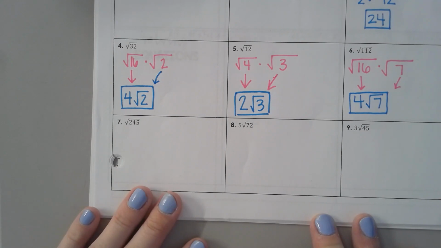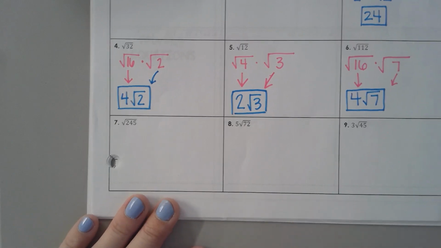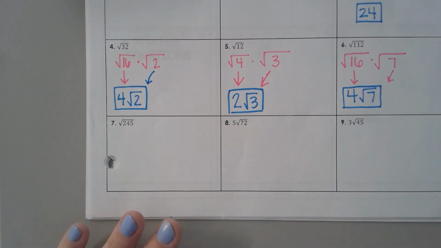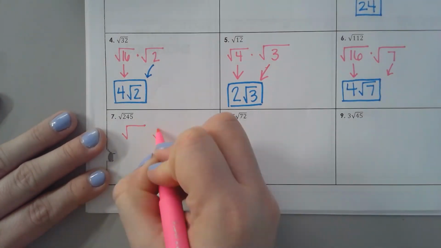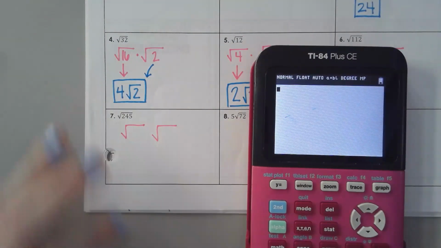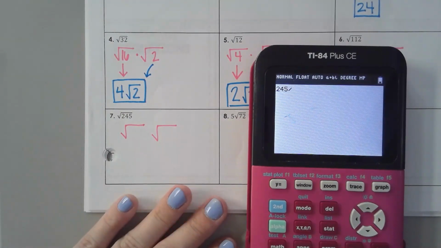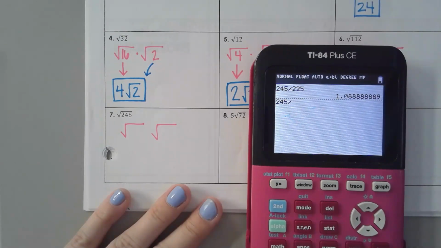Are there any questions? This is one where it may just take you a few minutes using the calculator to find your numbers. Number 7, we have the square root of 245. So, we can start with 225 and work my way down.